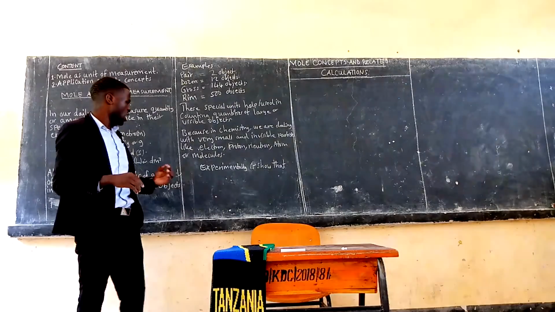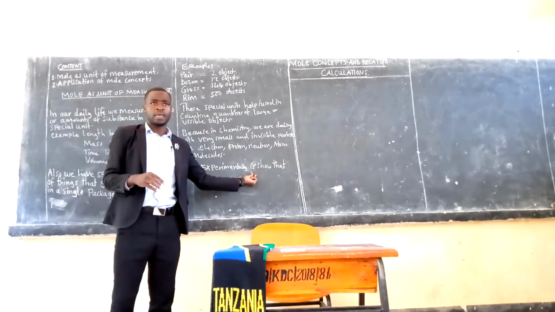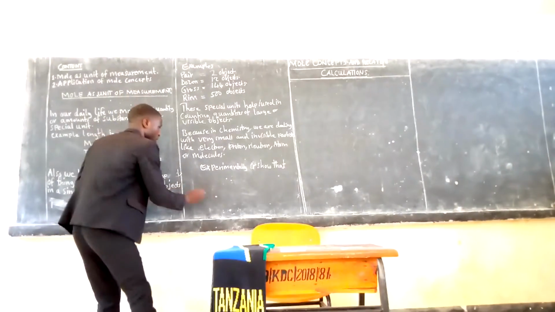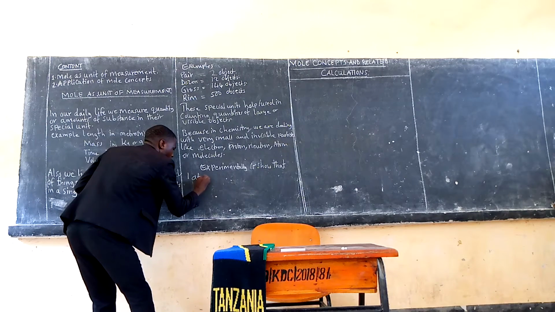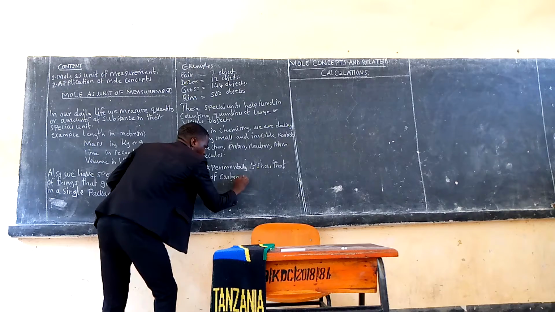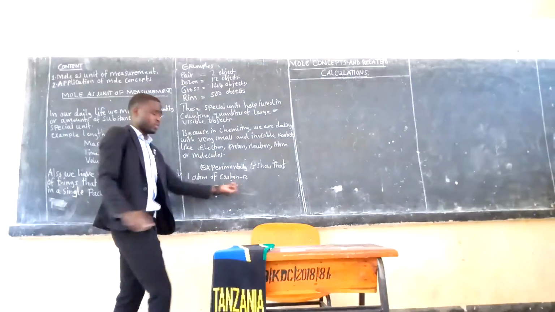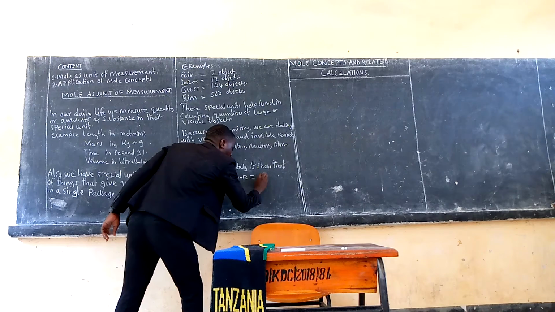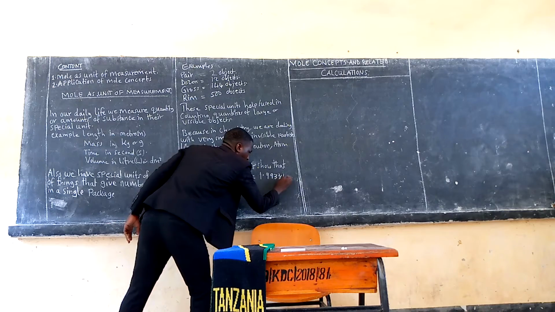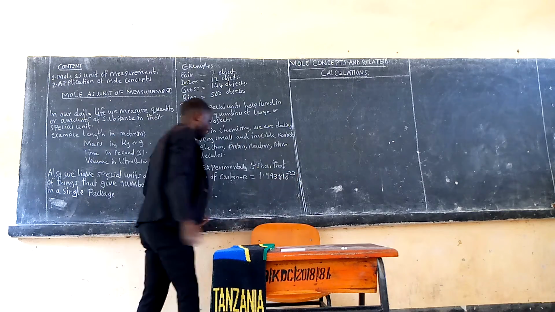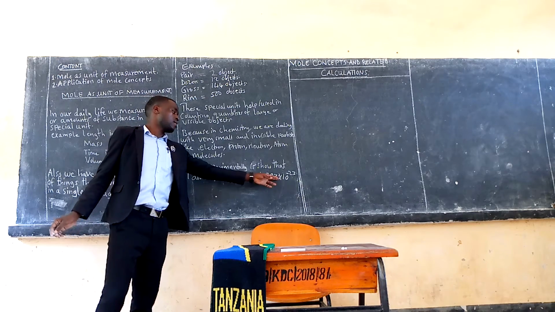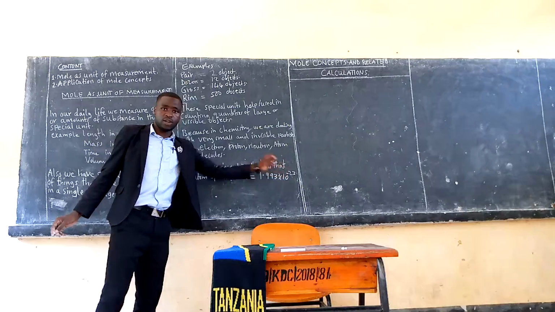How was this number obtained? Experimentally it also shows that 1 atom of carbon-12 gives 1.993 times 10 raised to negative 23 grams. So 1 atom of carbon-12 equals 1.993 times 10 raised to exponent negative 23 grams.